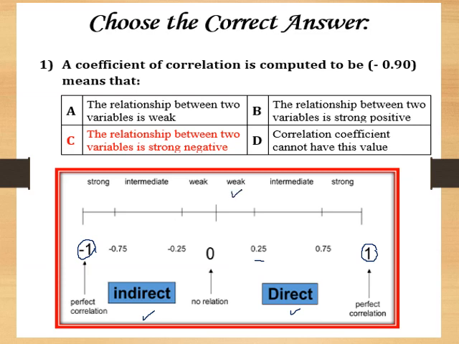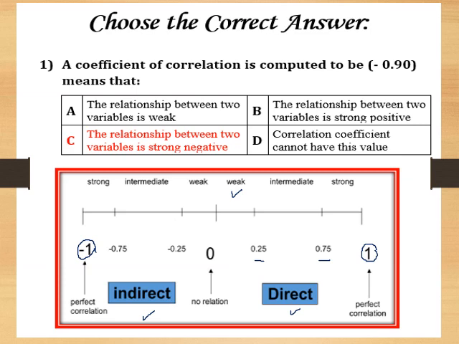If it is between 0.25 and 0.75, then the relation is intermediate direct.